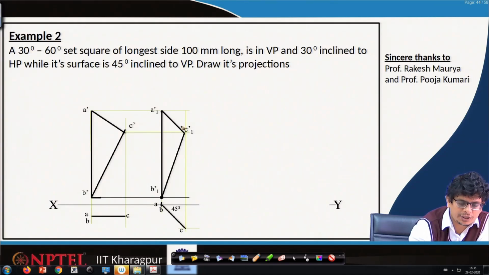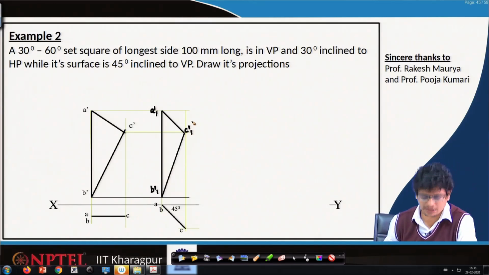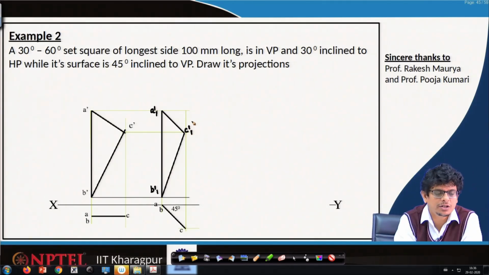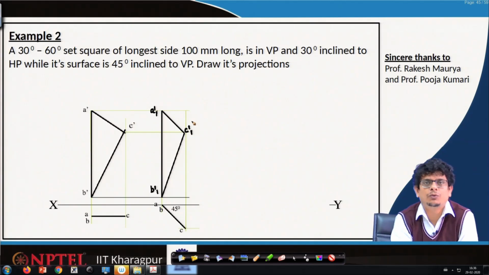Similarly, C projection all the way there and C prime projection to that. So, now call these points A1 prime, B1 prime and C1 prime. This is the first projection or rotation that we made with vertical plane.